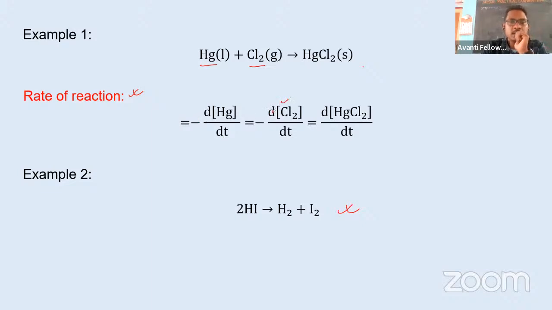Same for chlorine, the change of chlorine with respect to time. And for this one, we take the change of HgCl2 with respect to time, with a plus sign because it's a product. Can you do the same thing for this reaction? Just write it and we will discuss, or if possible, write in the chat also. Everyone understood this?